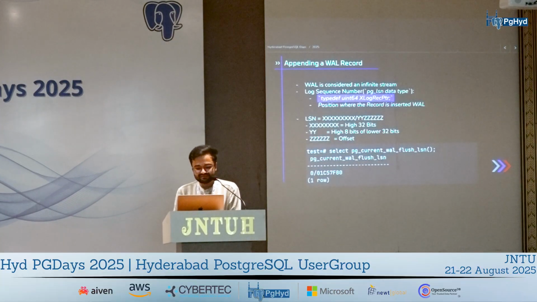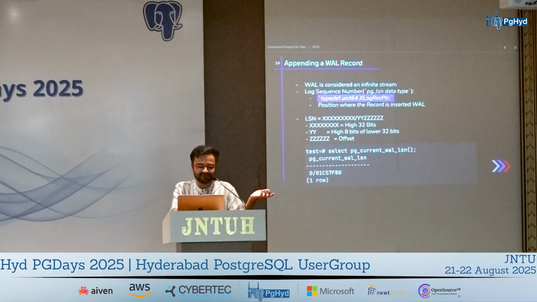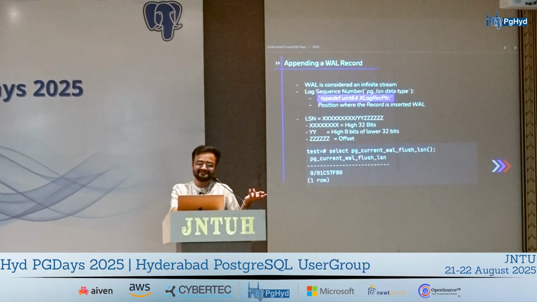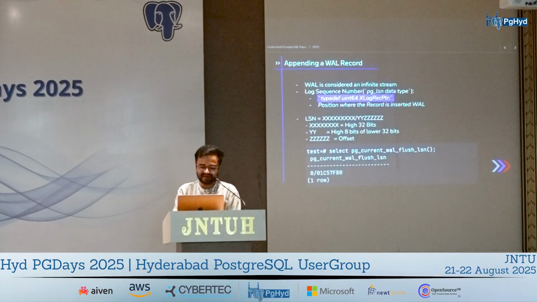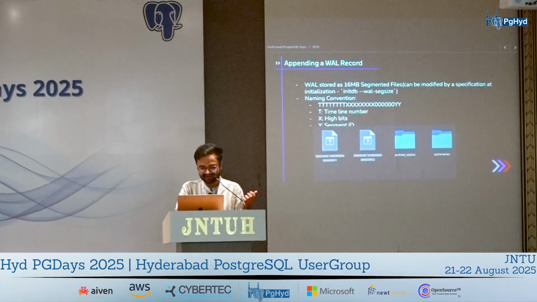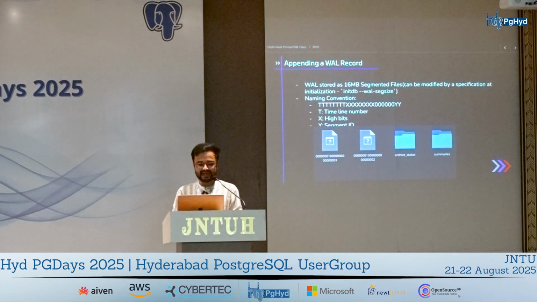If you want to see which particular WAL record was flushed to disk most recently, you have the pg_current_wal_flush_lsn function. This also gives you that information. In this case, the most recent WAL record was the same as the flushed one, but in practical use cases this would differ. Now coming back to how the WAL records are actually stored.